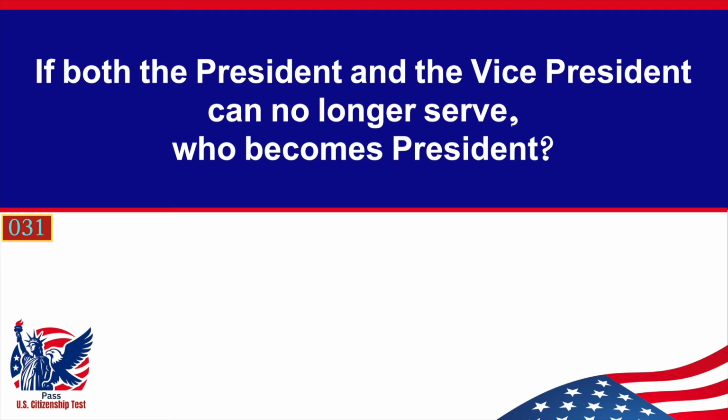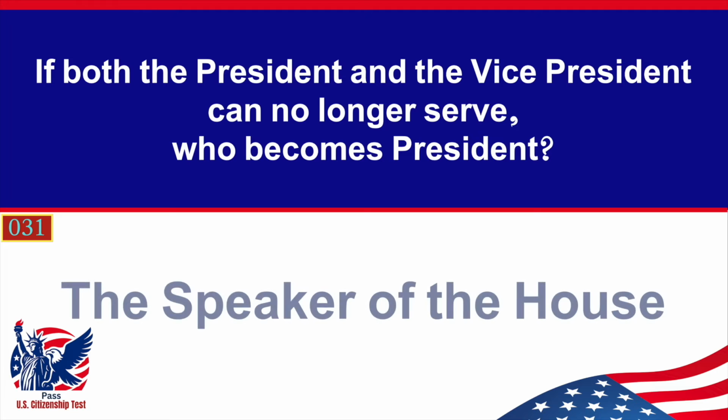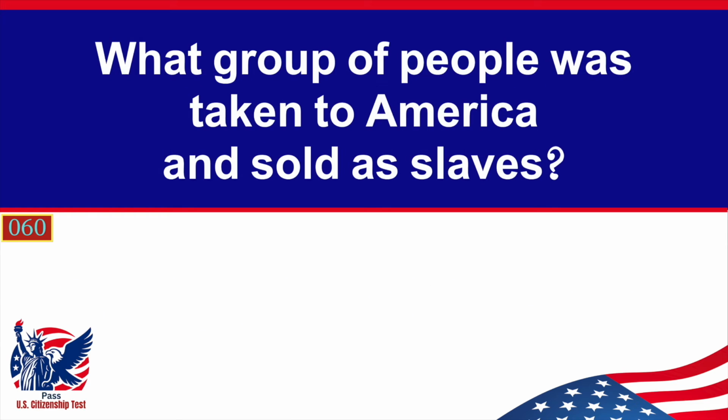If both the president and the vice president can no longer serve, who becomes president? The Speaker of the House. What group of people was taken to America and sold as slaves?